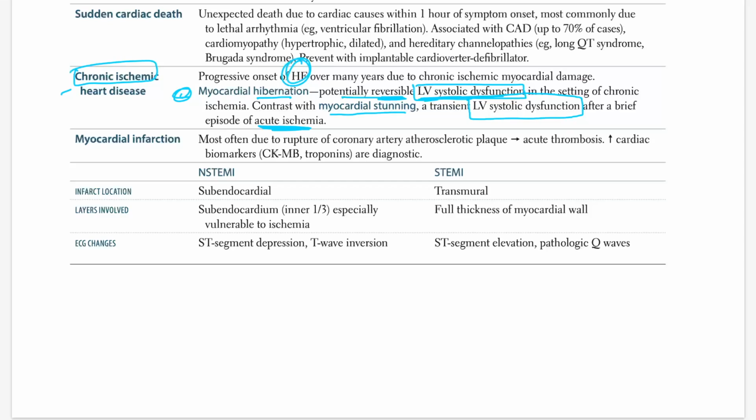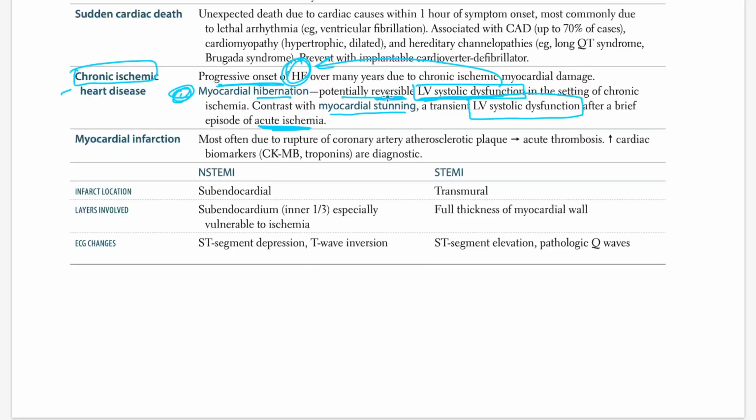So what do we learn from this thing? Well, we learned simple. With chronic ischemia, you can go into two sort of a thing. One thing is that it's going to progress to the heart failure, as mentioned right here. Second thing is it can go into reversible left ventricular systolic dysfunction, which can again go back into the chronic heart failure, which is CHF, a congestive heart failure or heart failure.